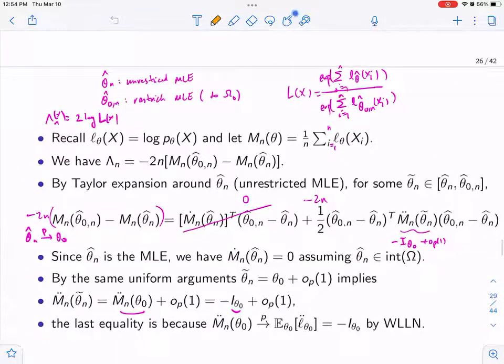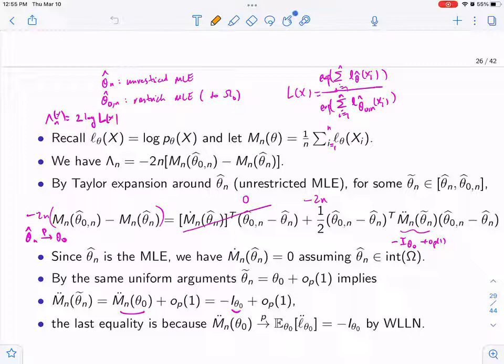The proof, I'm not going to repeat; it's an application of Taylor expansion, a similar argument. We expand around theta hat n, and the first order term goes away because theta hat n is unrestricted. So you get the difference.